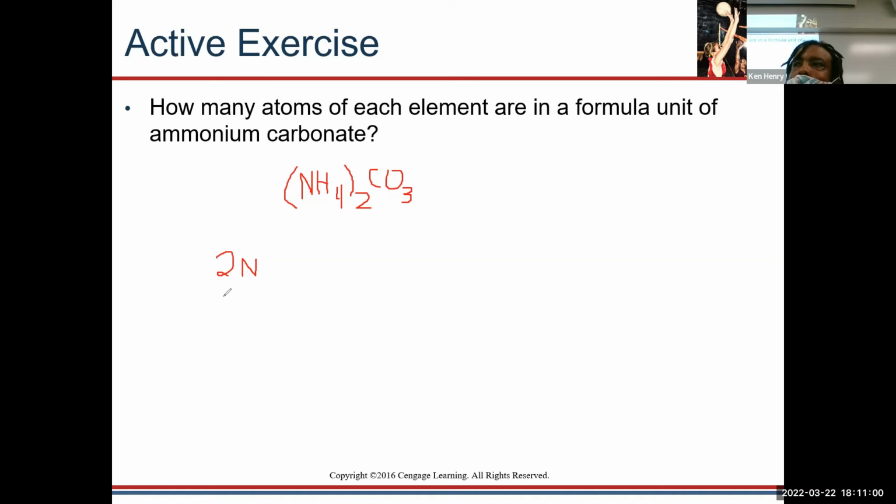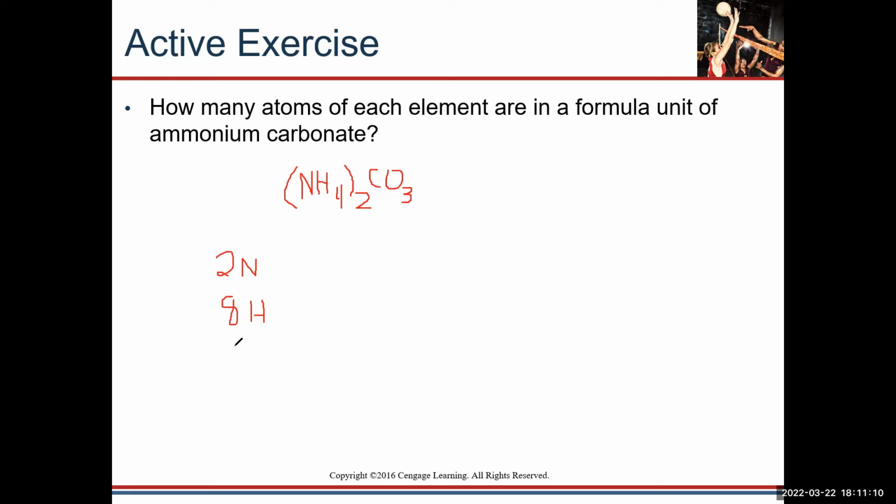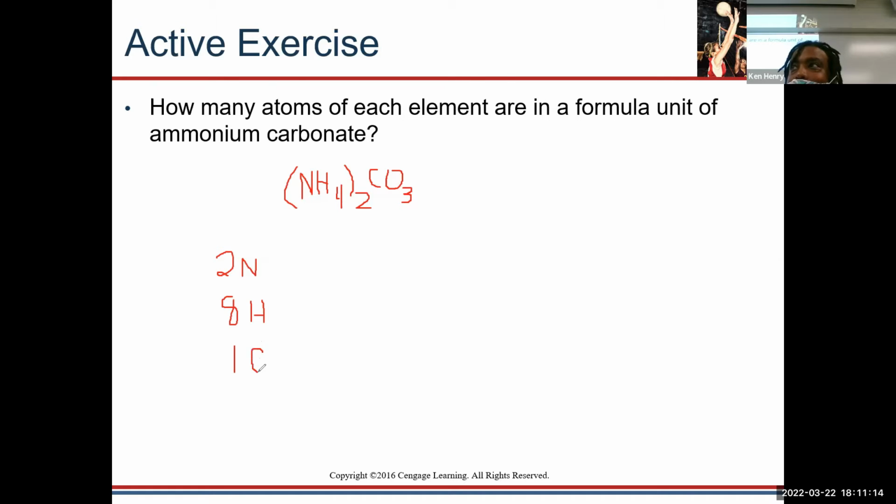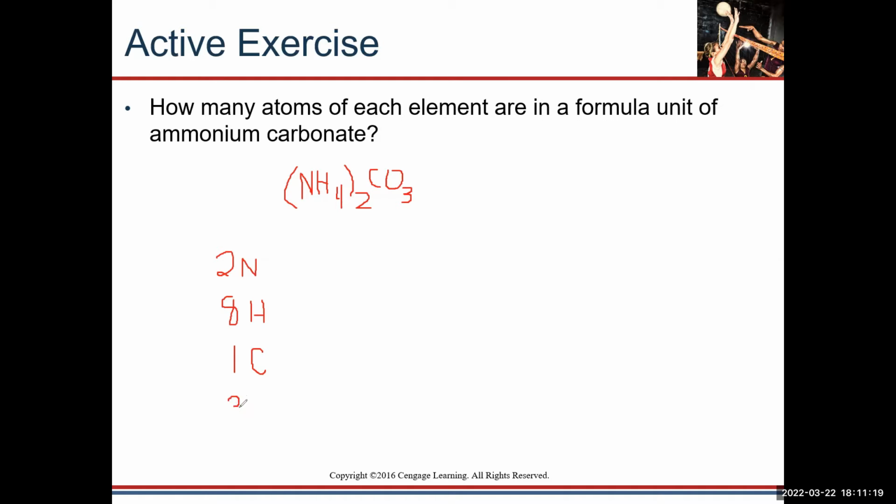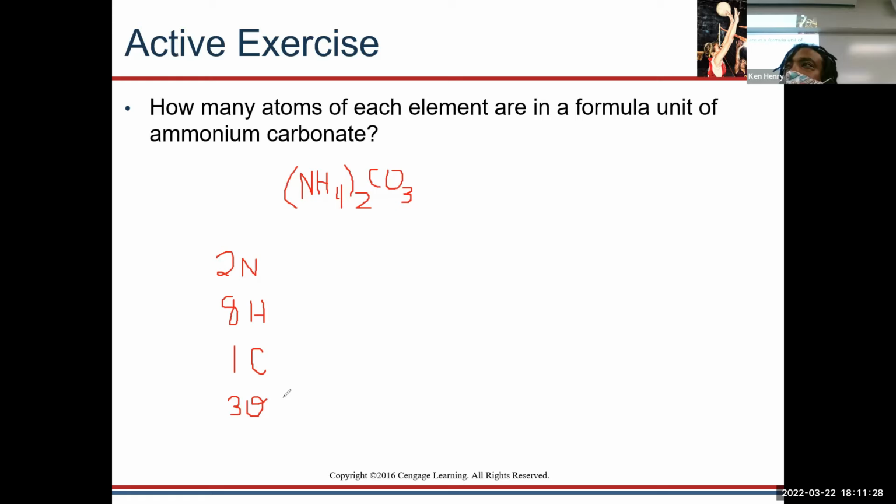How many hydrogens do I have? 8. How many carbons? Oh, 1. Sorry, 1 carbon. How many oxygens? 3. Okay, questions? Concerns? Okay, good.